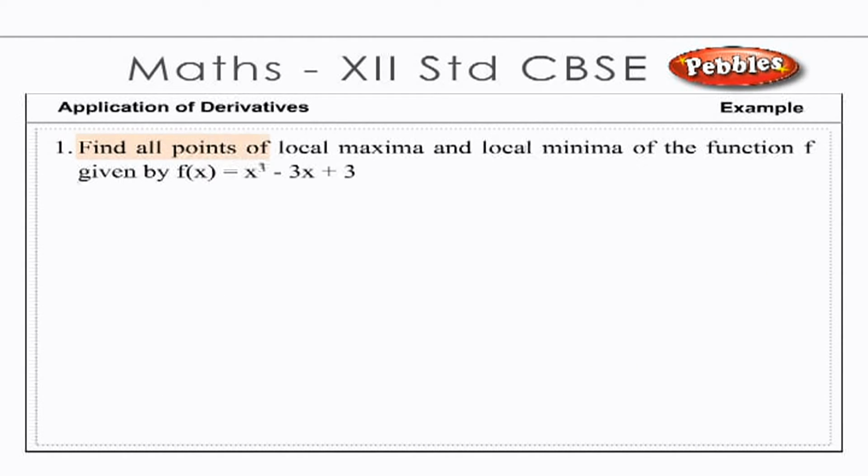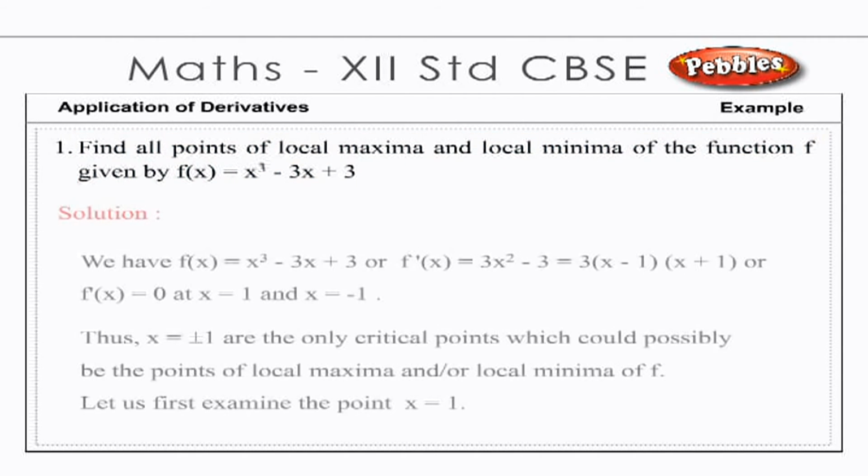Find all points of local maxima and local minima of the function f given by f of x is equal to x cube minus 3x plus 3. Solution.